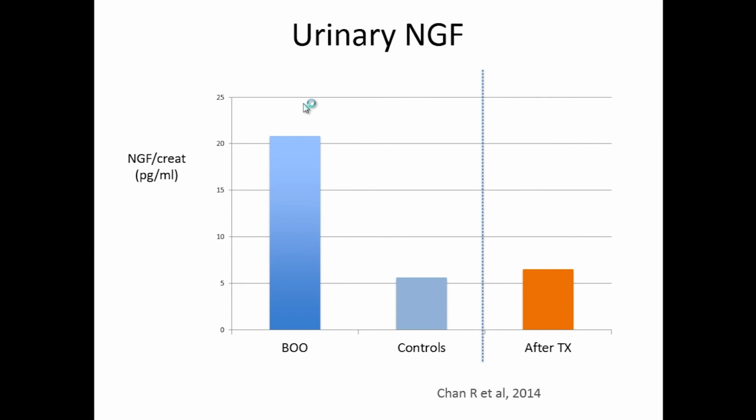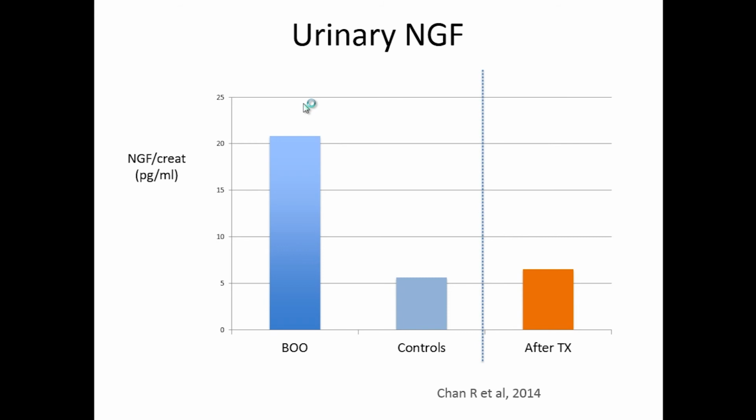Another recent report has shown that there is now a trend to use biomarkers. NGF has been shown to be a good biomarker in overactive bladder syndrome, and this report has shown that women who were obstructed due to incontinence surgery or prolapse had a significantly higher NGF in the urine.